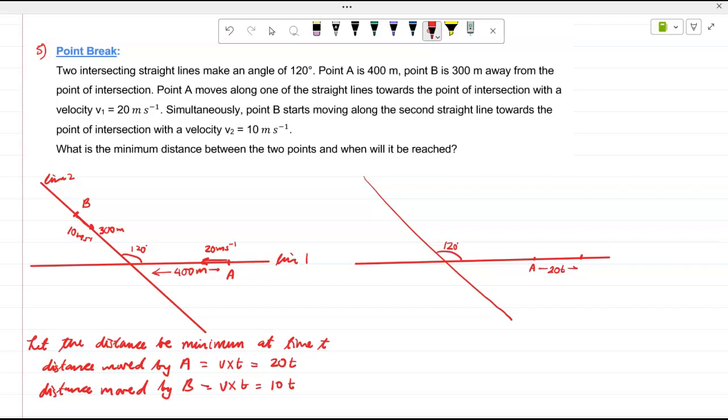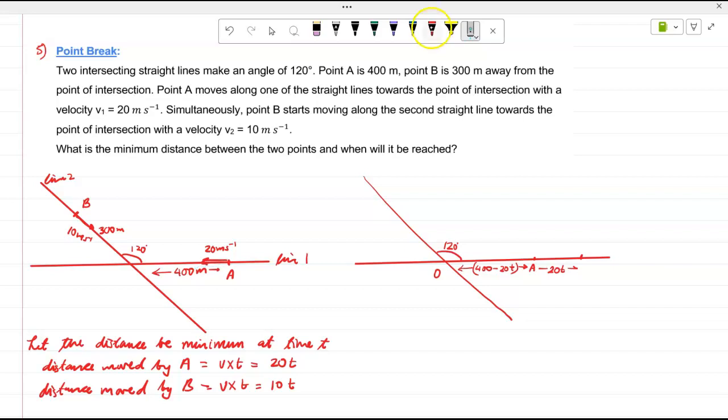So what is the distance from the point of intersection to A now? 400 minus 20t. 400 was the original distance initially. Now it has come towards the intersection, so you subtract 20t from 400.